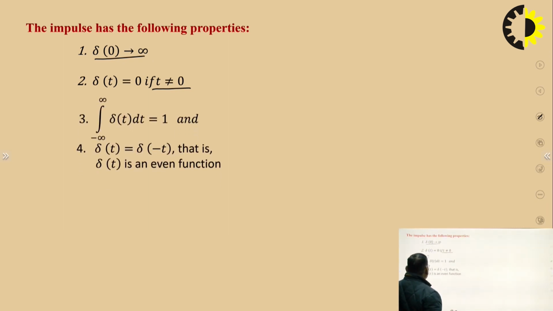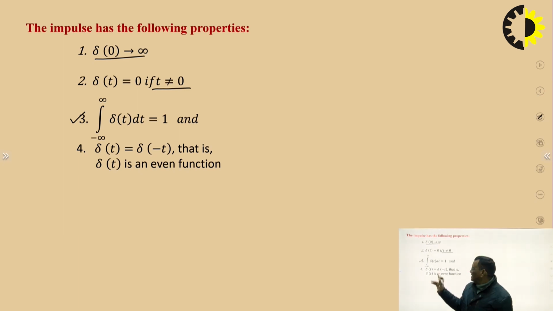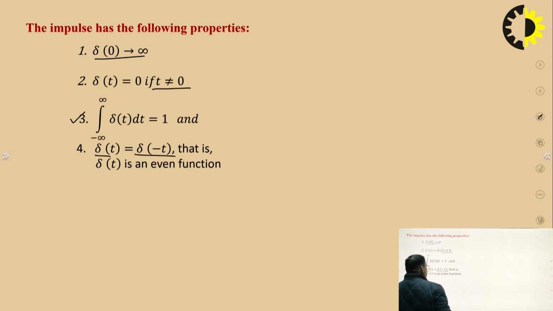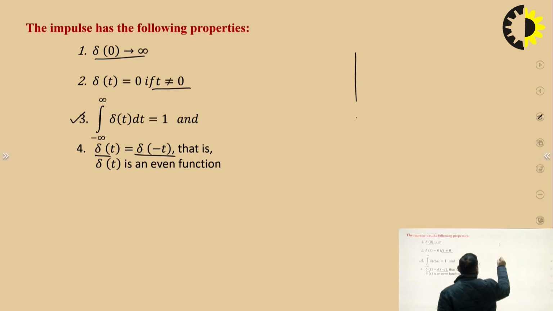Third property: the integral of delta(t) dt from minus infinity to plus infinity has value 1, because between minus infinity and plus infinity, this function is defined at t equal to 0. So we get this 1. And delta(t) is equal to delta(-t). We can see here.